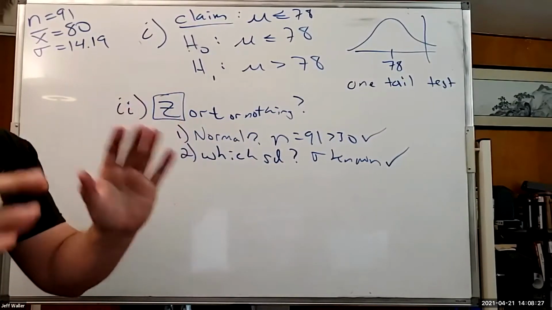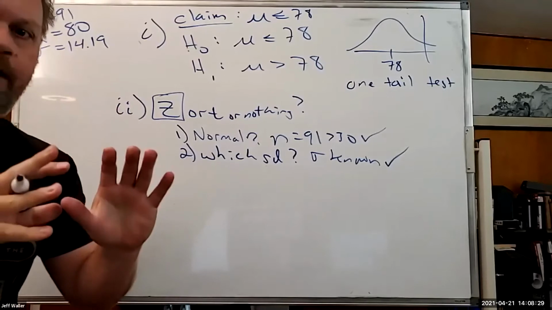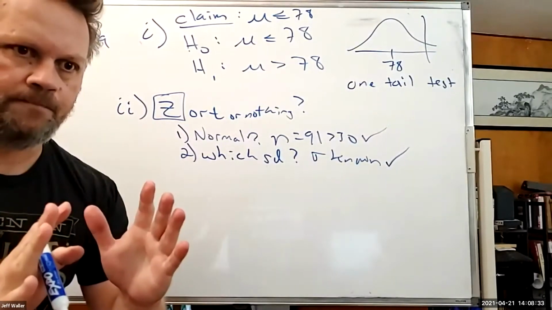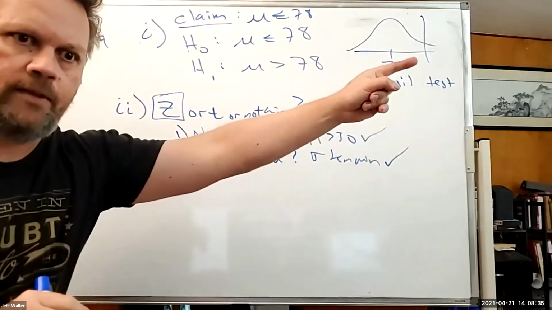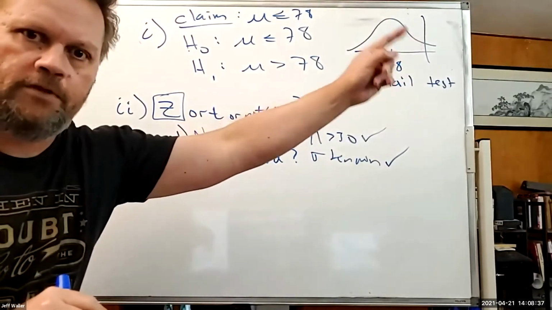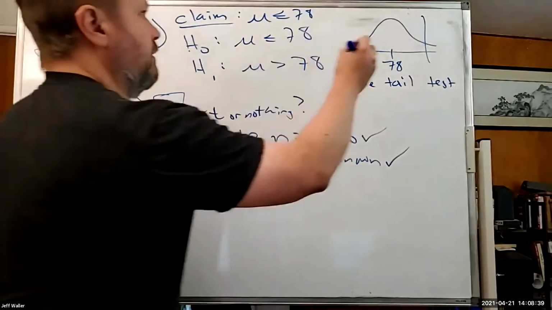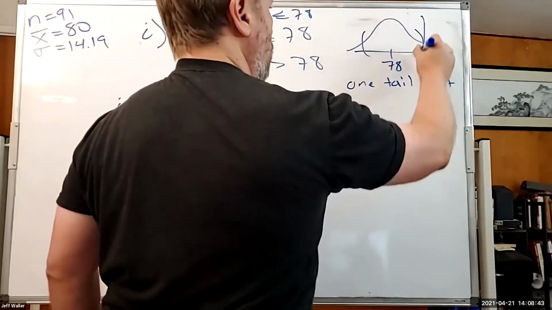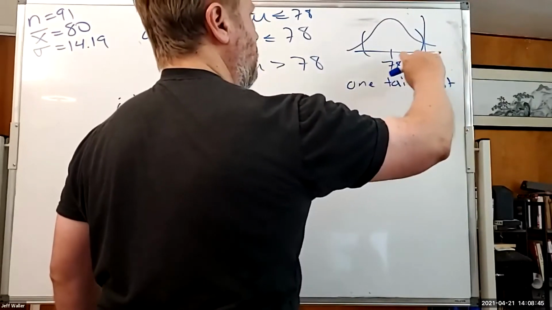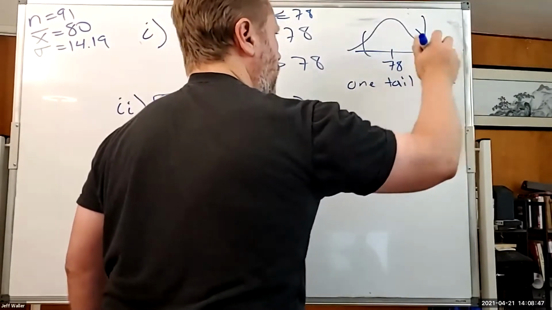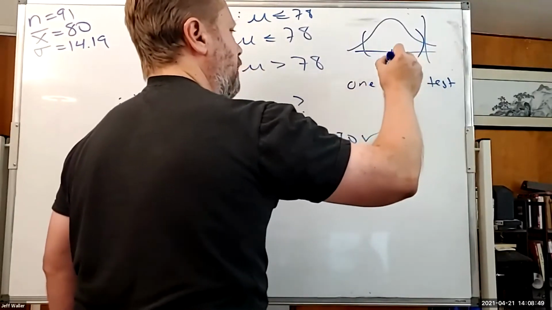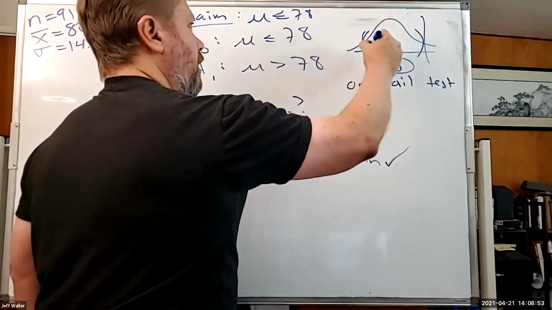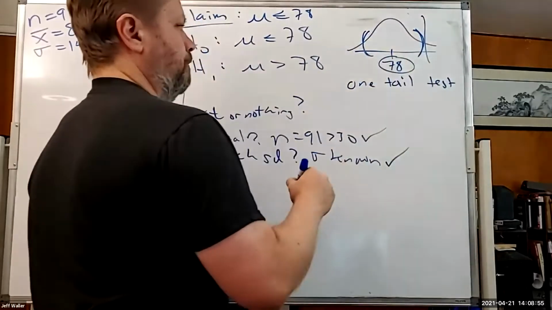Okay, now we know I can define. So here's the idea. And this is what I talked about last time. Does everybody see where I drew that line? Not only does it have to be bigger than 78, but it has to show up in an area that would be unexpected if that really was the middle. So if that's the real middle, a sample should show up in here.